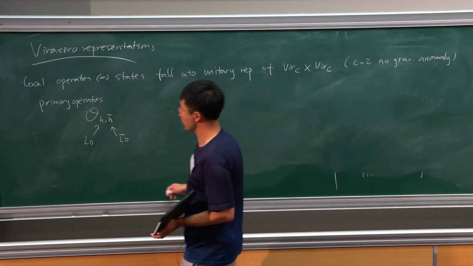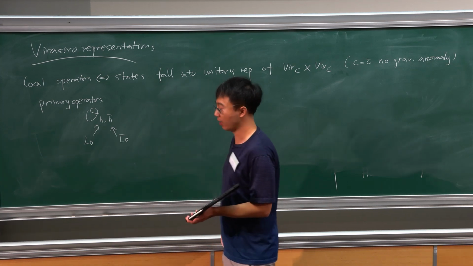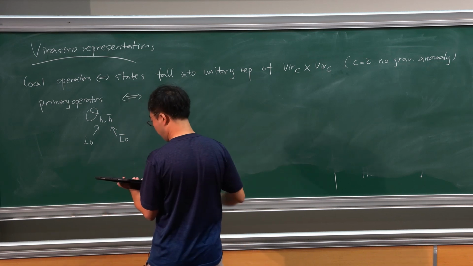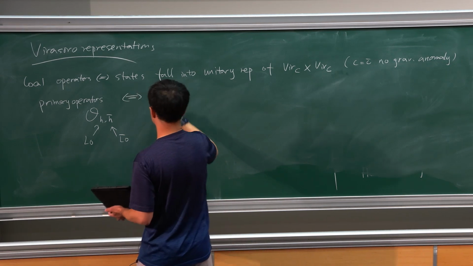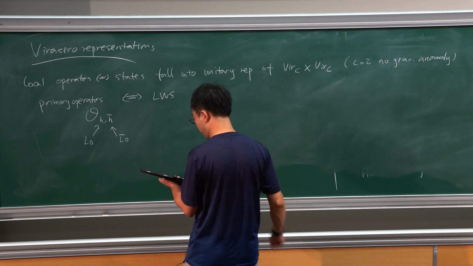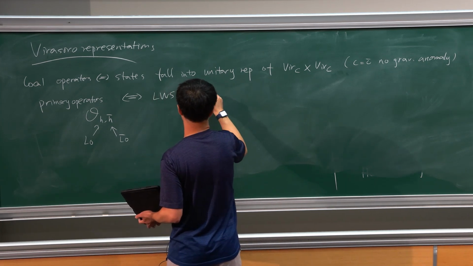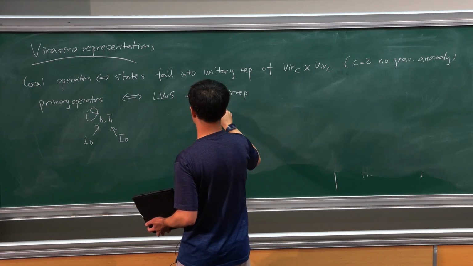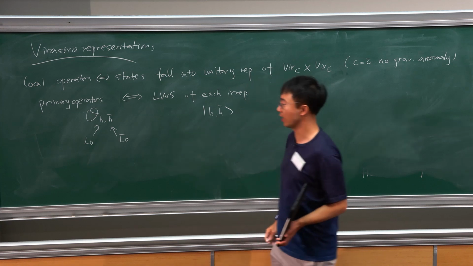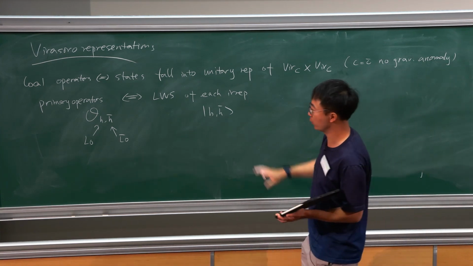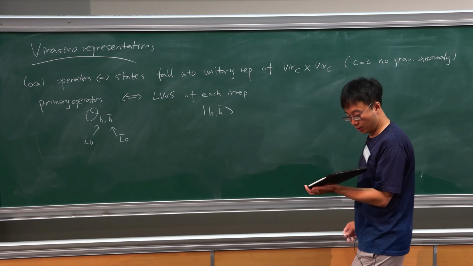They can be diagonalized, and the corresponding eigenvalues are h and h bar. They are in one-to-one correspondence with the lowest weight states of each irreducible representation of the Virasoro symmetry, which we will sometimes just denote by the same labels. Again, there could be degeneracies which we are sweeping under the rug.